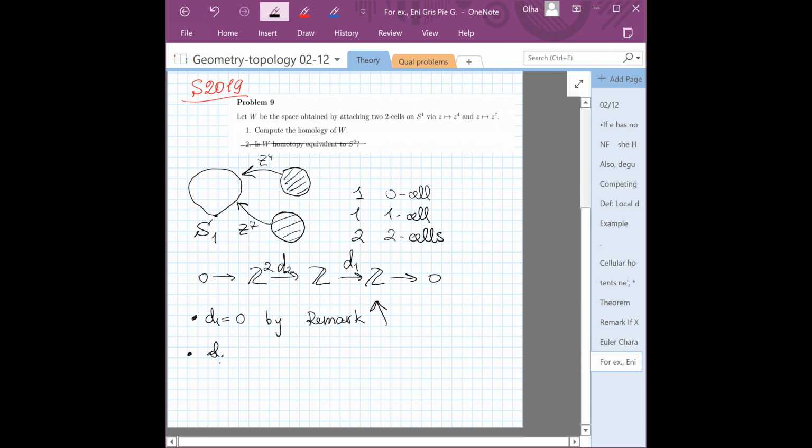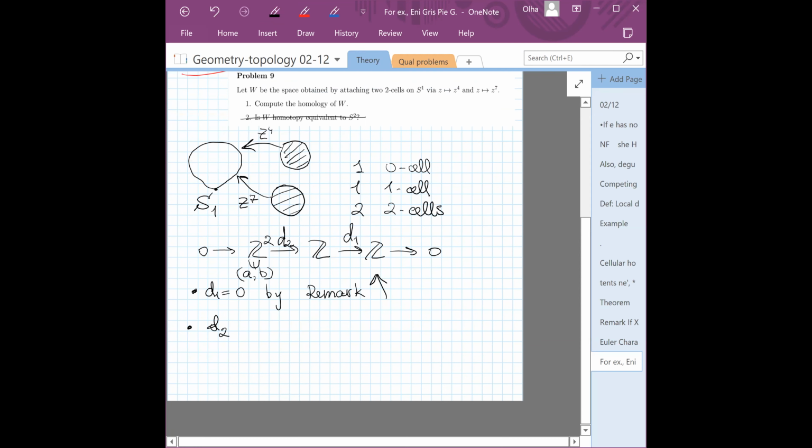And then for d2, we can just figure out what it is. We take a pair A and B from here, and with the map z to the 4, A gets sent to 4A, and B gets sent to 7B.